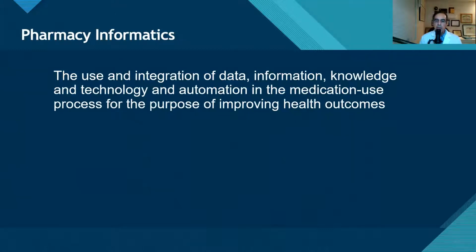I've spoken in the past about the data continuum from data to information to knowledge to wisdom. I've also talked about technologies and automation that have been applied to the medication use process. We define the medication use process, and we know that we're pulling this all together for the purpose of better taking care of our patients, for improving health outcomes for our patients. So this came directly from that 2007 statement.